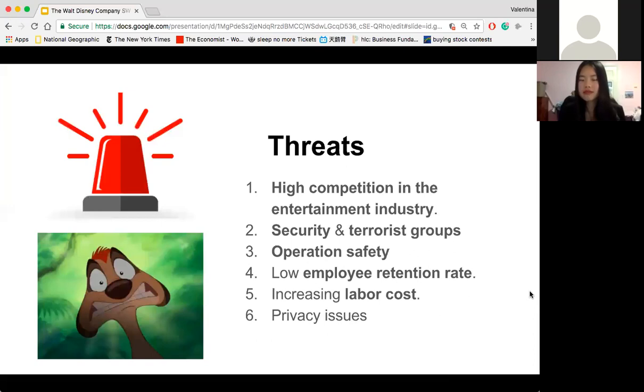And very sadly, Disney might have to pay the ransom because they don't want their films released early. It's a privacy issue if the hackers just release them and it's all over, and they lose all the profits and all the input of that film. So that's a really major threat for Disney.